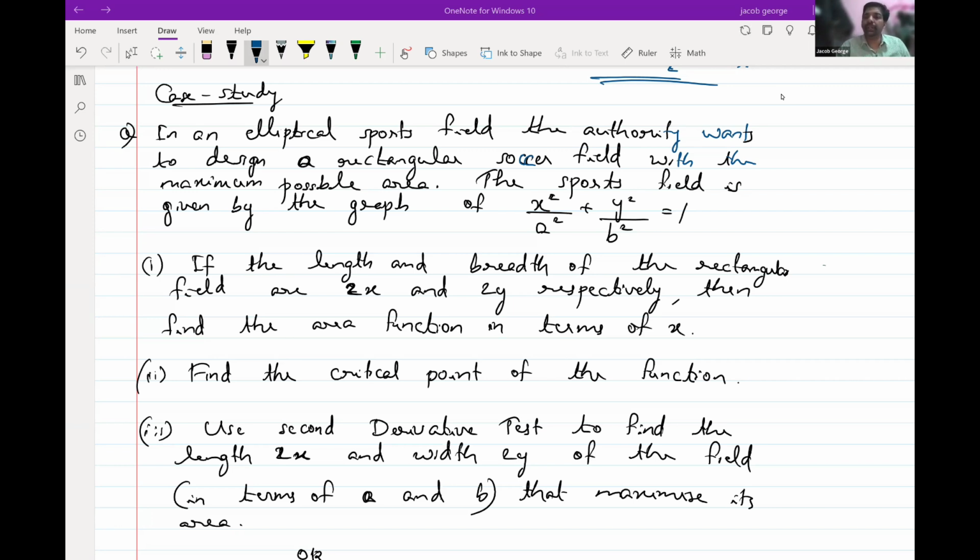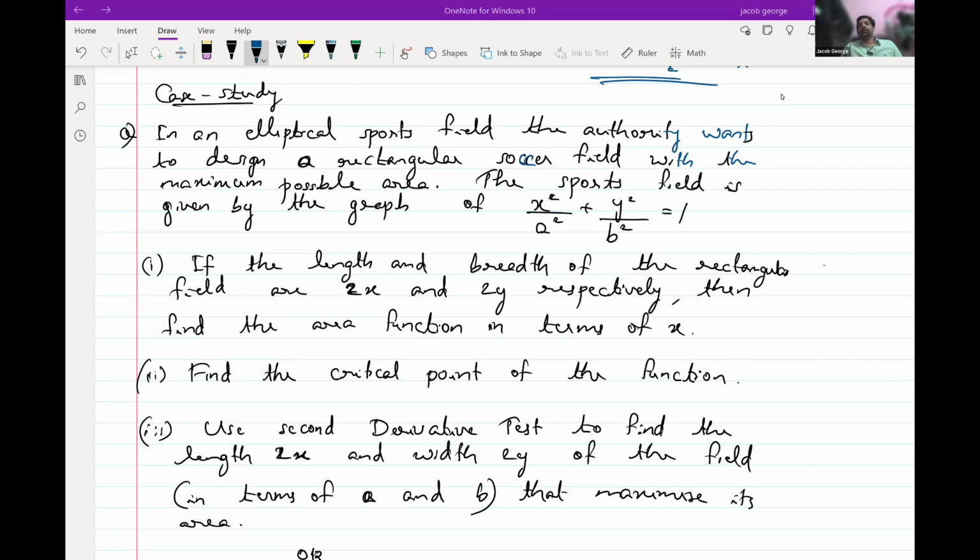Area is length into breadth, 2x into 2y, which is 4xy. The y has to be removed so that it is in terms of x, writing one variable in terms of the other. The same part is asked as subdivision 1.